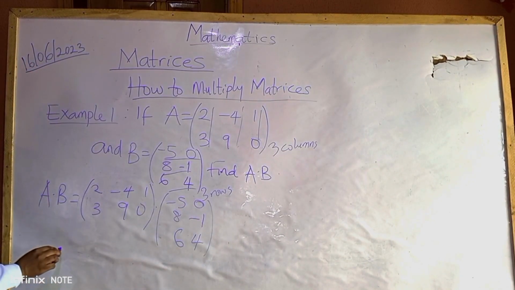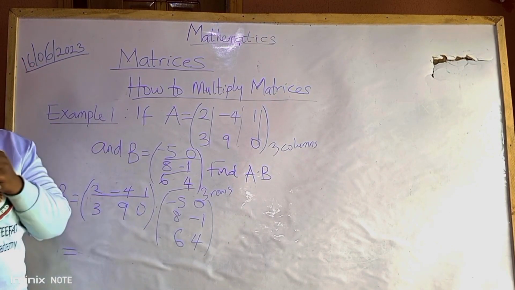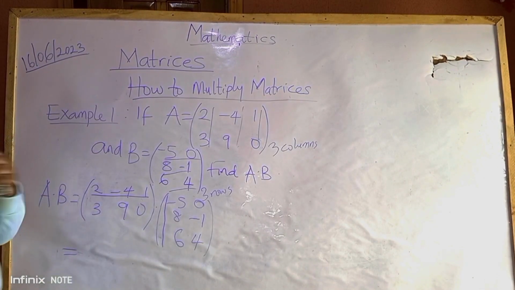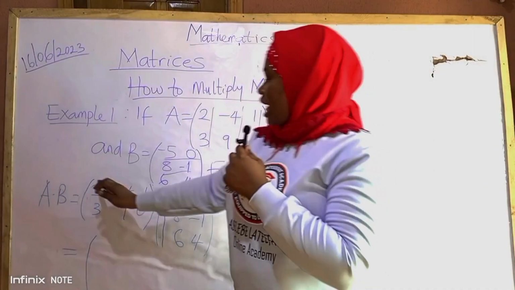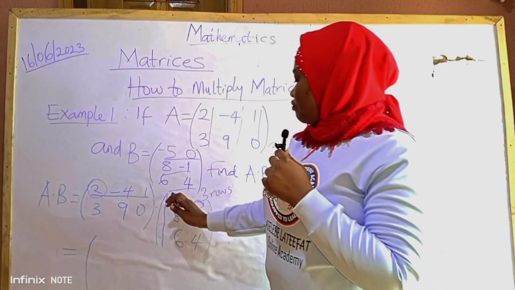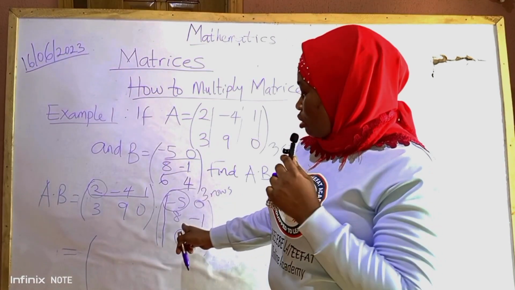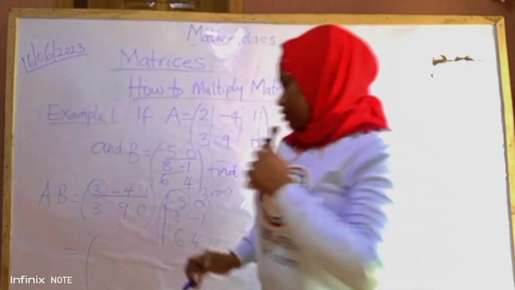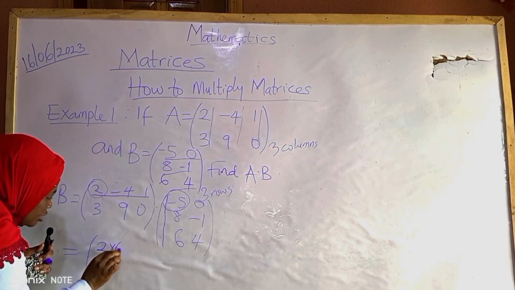Now I will go to the first row of the first matrix, then to the first column of the second matrix. I'll multiply the first element on the first row of the first matrix by the first element on the first column of the second matrix. That is, I'm multiplying 2 by minus 5. So I have 2 multiplied by minus 5.